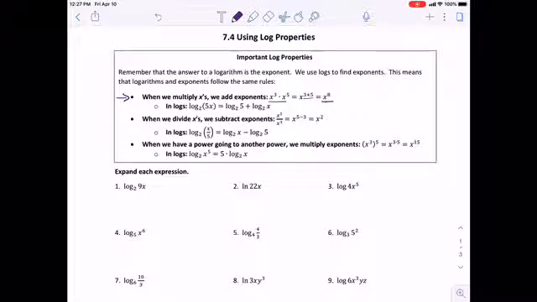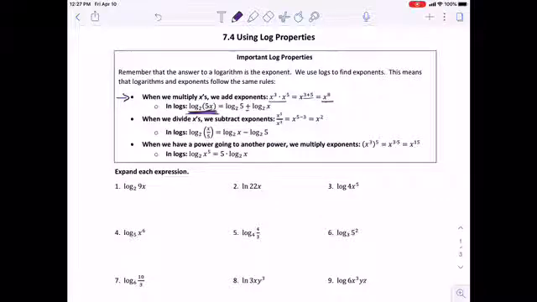So notice here in this example, we have the log base 2 of 5x. Notice that the 5 and the x are being multiplied together. Now remember that when we multiply x's, we can add the exponents. So if I wanted to expand this problem, log base 2 of 5x, I can do that using addition, because multiplication will turn into addition.